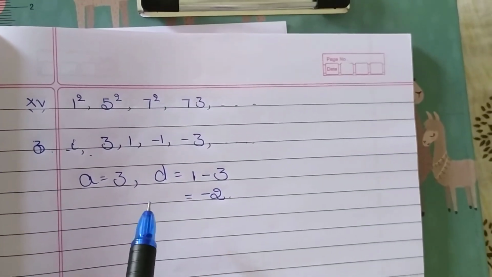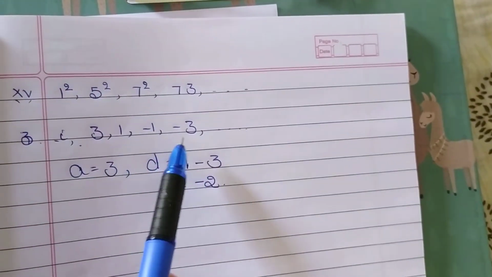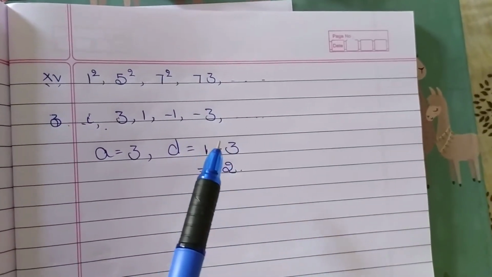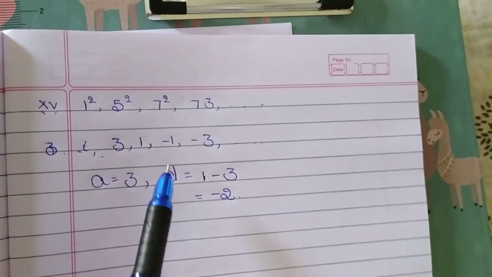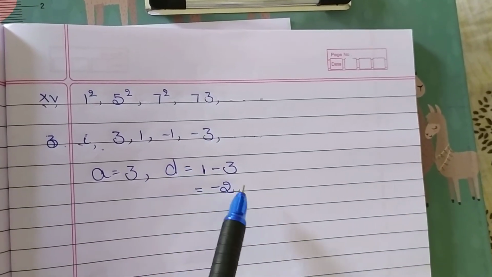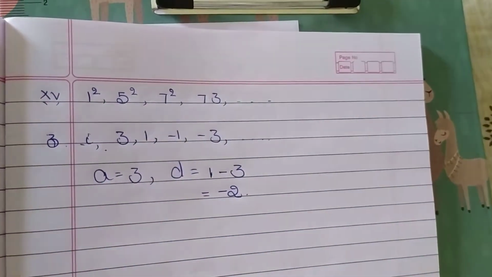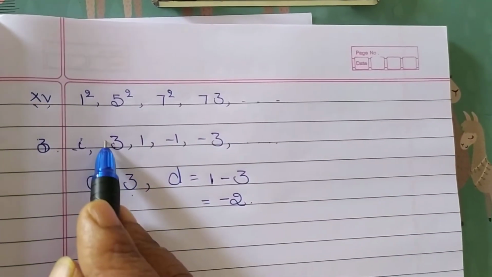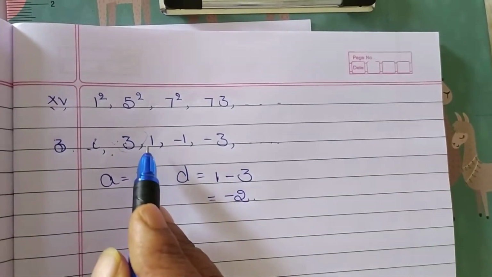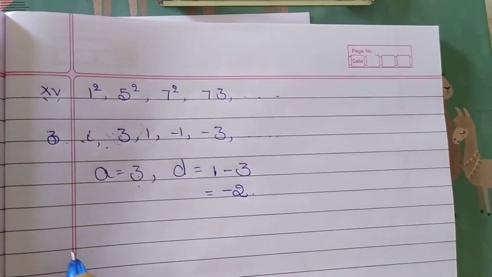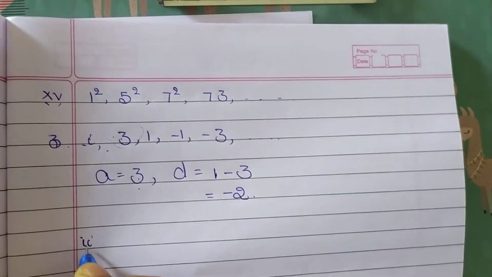Here I need not check whether the difference is the same or not, because they gave that it is in AP. So here A is 3, the first number is A, and the difference will be second term minus first term.